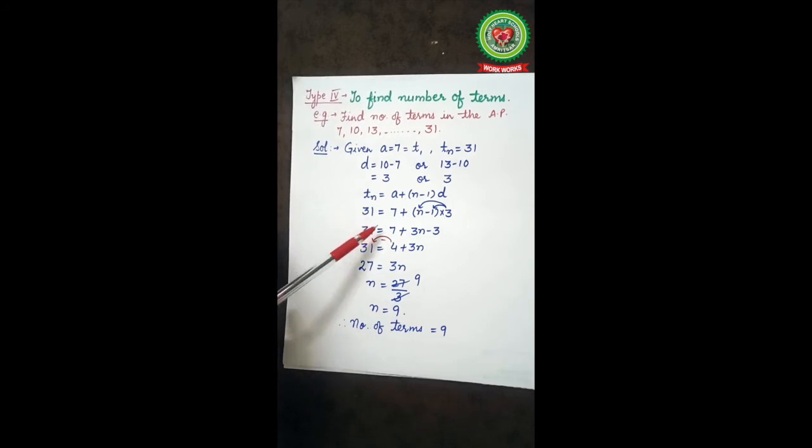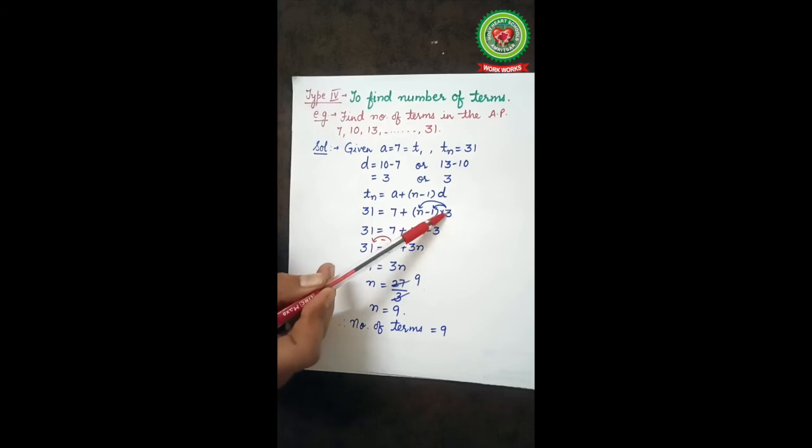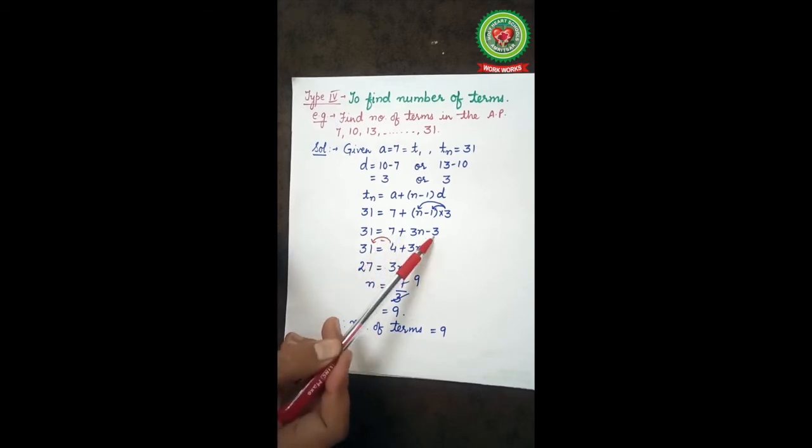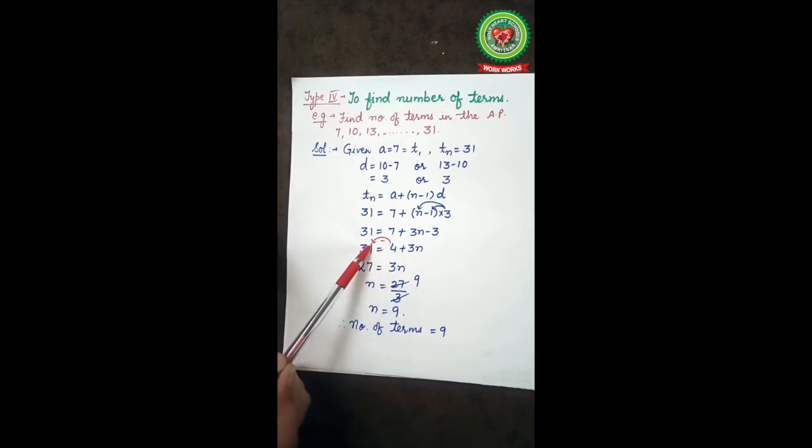Next, 31 is equal to 7 plus... here you have to apply the arrow method. So it will become 3n minus 3. Next step, 31 is equal to 7 minus 3, which is 4, plus 3n. Shifting 4 on this side, we get 31 minus 4, which is 27, is equal to 3n.